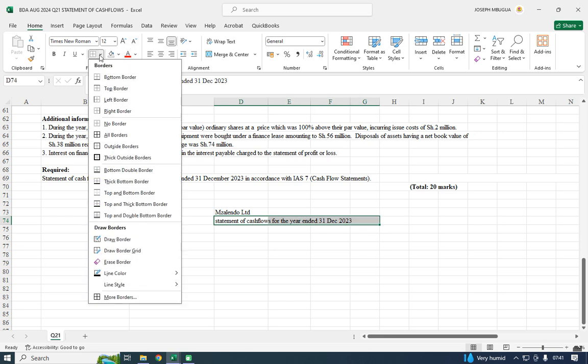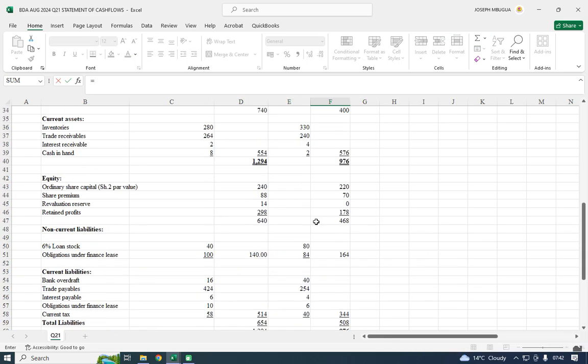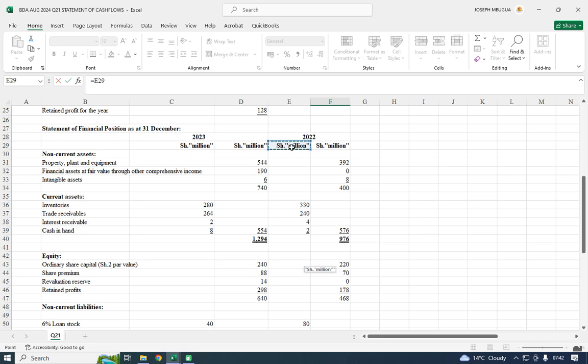So that will be our question that we need to tackle. We can merge that and make it bold, that way. And we are dealing with shillings in million.